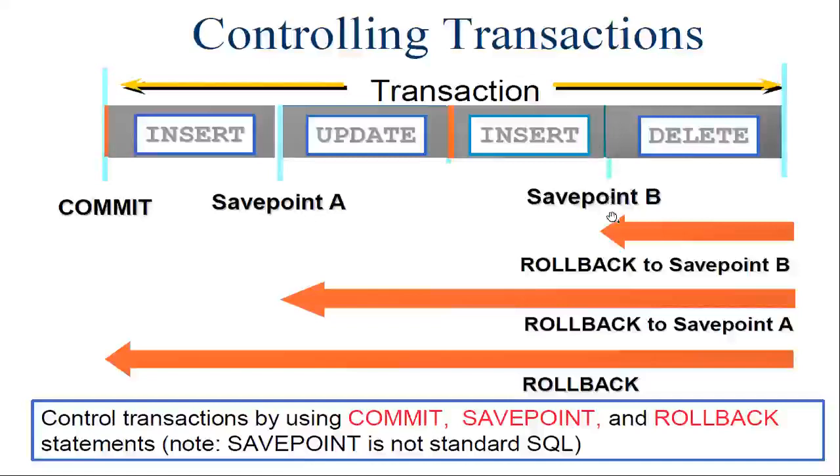Then suppose you perform rollback to save point A from the delete point. What will happen here? The update statement, insert statement and delete statement, all these three statements will be cancelled, and your data will be revoked back up to this particular point, to whatever changes were done up to the insert command.